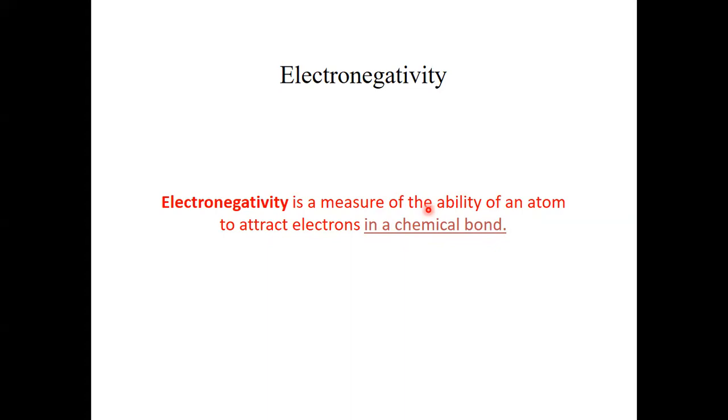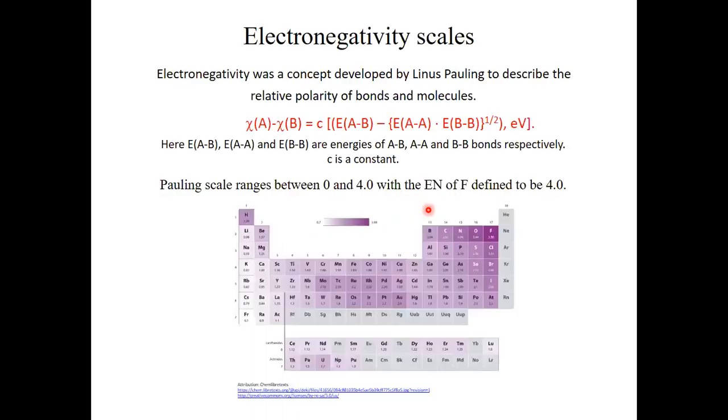So the concept of electronegativity is one of the most useful concepts in chemistry because it can explain so much about chemical bonding, and has originally been developed in order to explain polarity in chemical compounds.